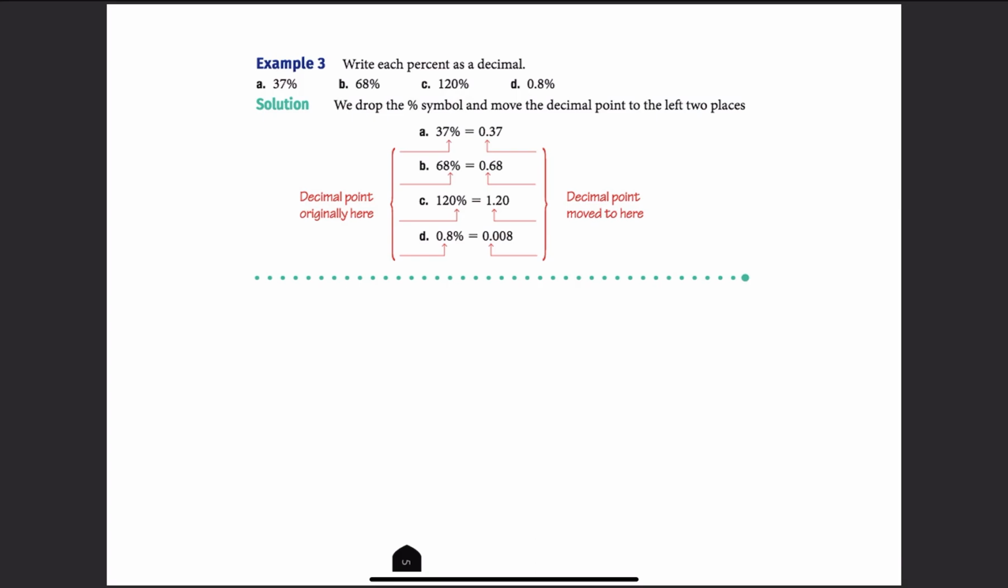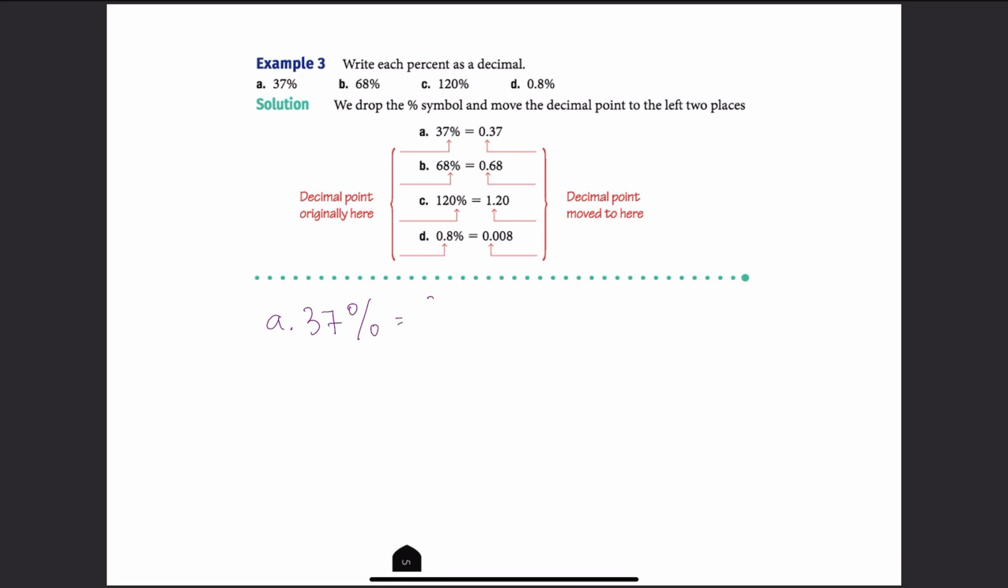So now let's look at some different examples. 37%. To write this as a decimal, we have a couple of options. We can put it over 100 and then do the division.